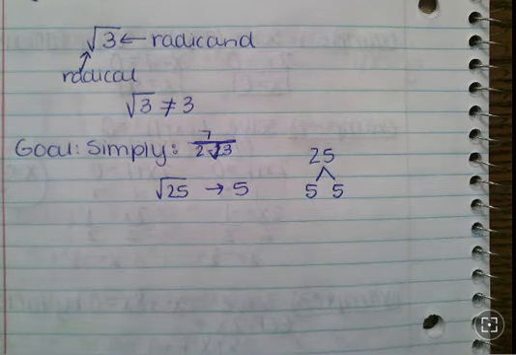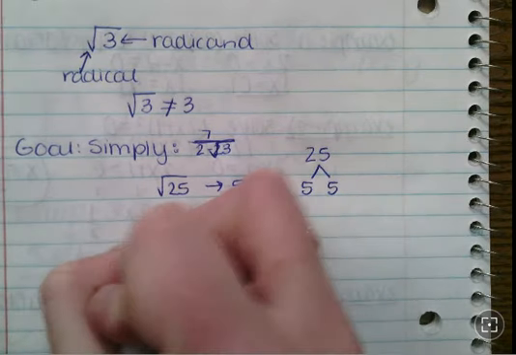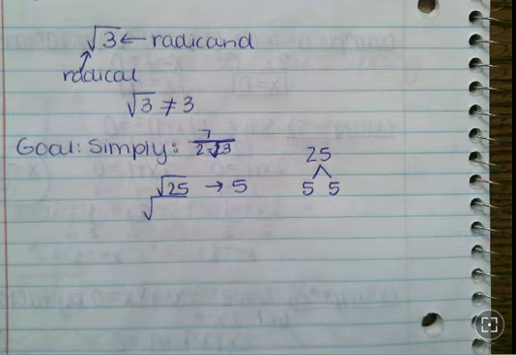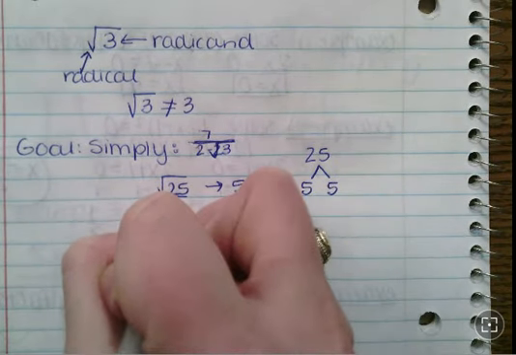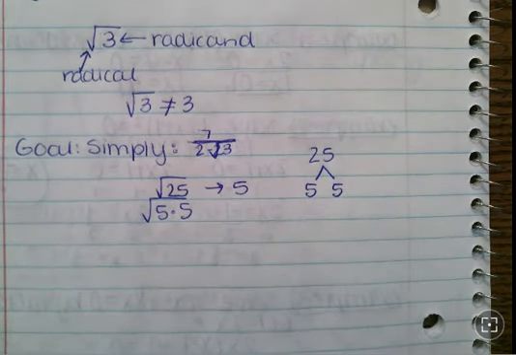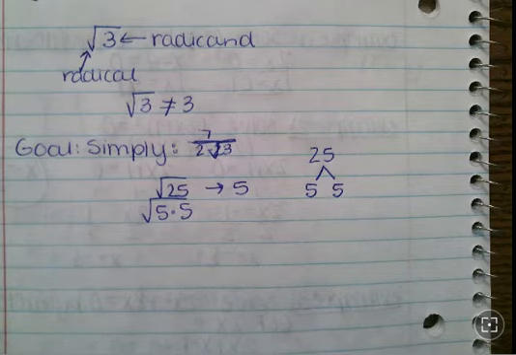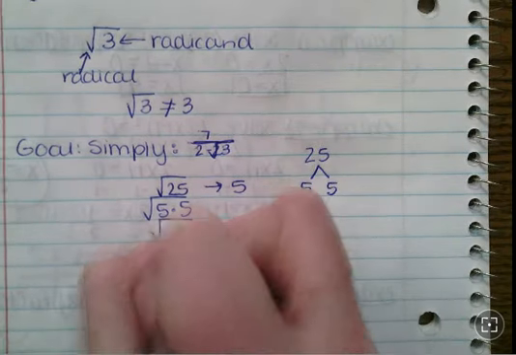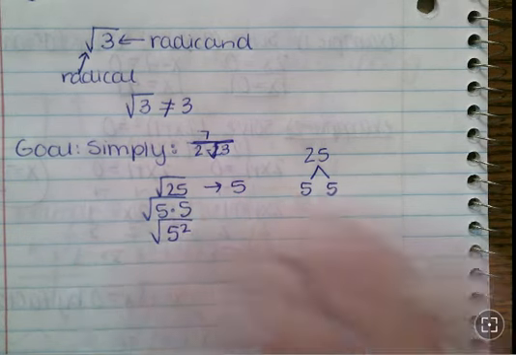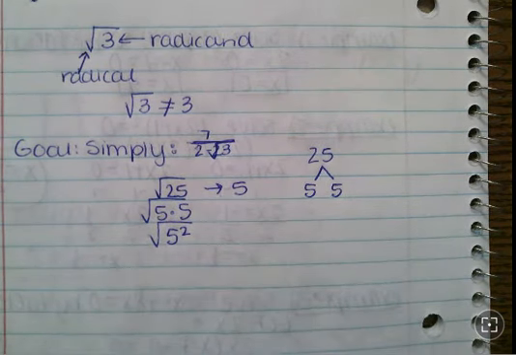A key thing for this section is understanding that you could also write the square root of 25 as 5 times 5, which is also the same thing as saying 5 squared.